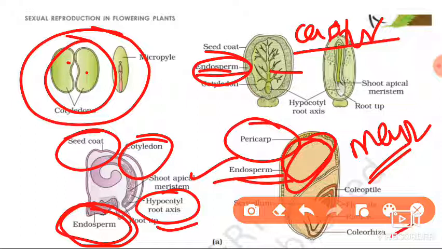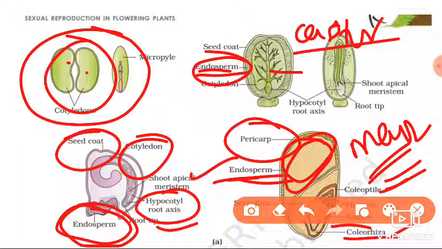Same here: coleorhiza, coleoptile, root cap, radicle and plumule, every part is present, and along with that they also contain endosperm. This is the complete information about seeds.